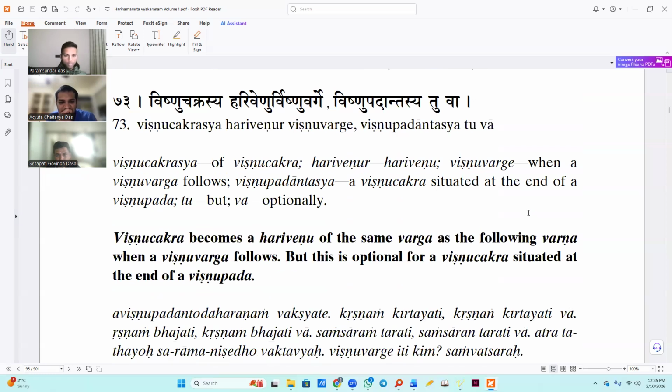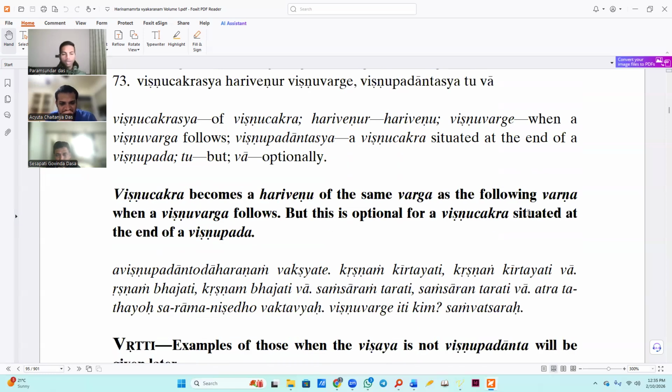If at the first place we have Vishnu Chakra, and in the second place we have any of the Vishnu Varga letters following, meaning any of those 25 letters, then there is a change. The Vishnu Chakra will optionally become the Hari Venu as per the following letter's Varga.